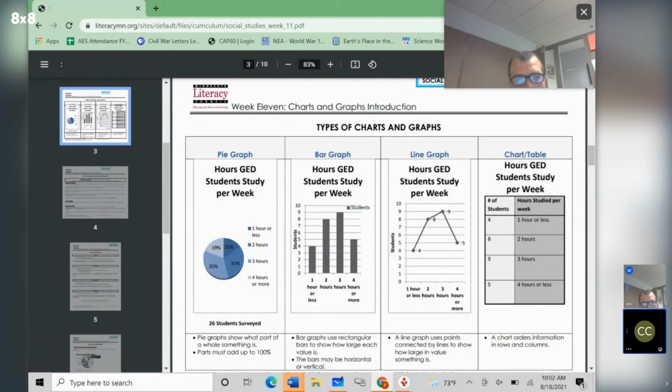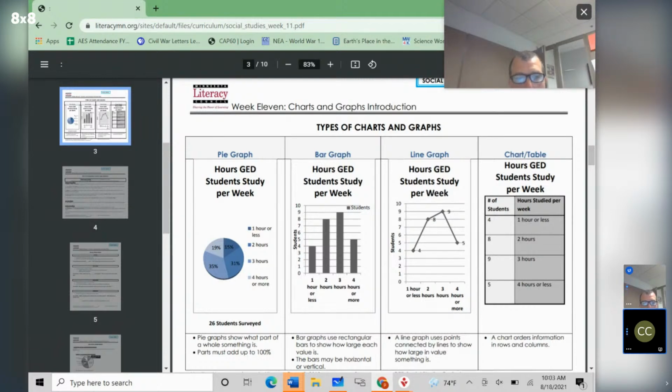And the last one would just be a table where you have the number of students on the left: 4 studied for 1 hour or less, 8 students studied 2 hours, 9 students studied 3 hours, and 5 students studied 4 hours or more. So this table is pretty straightforward.